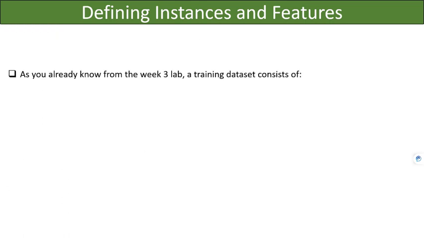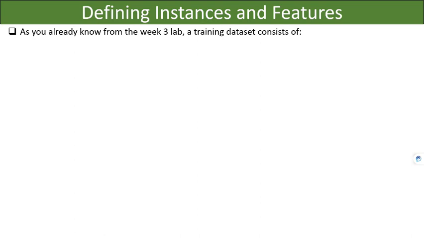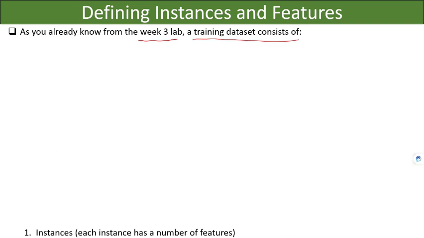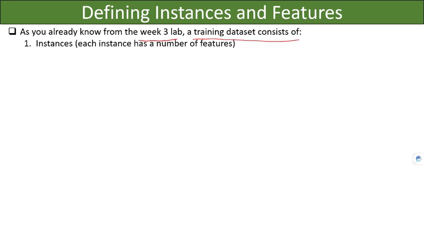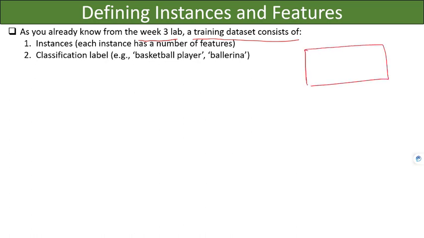Defining instances and features. As you already know from the week number 3 lab, a training data set consists of what? Instances and features, and a classification label, the class label. This is what you already saw in the last week's lab session when we discussed the iris dataset. In the iris dataset you had 4 feature vectors and 1 class label.